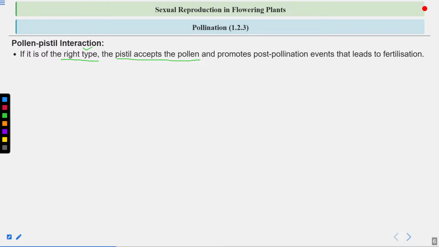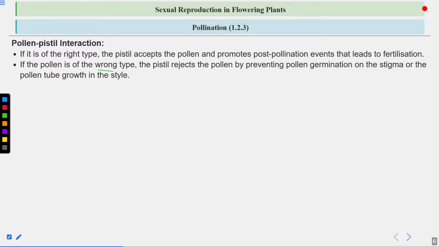Suppose the pollen has the S1 type of gene, then the pistil should be of S2 type for it to be the right type. But if both have the same type of gene, then it will be the wrong type. So understanding the right type and wrong type is very, very important in pollen-pistil interaction.